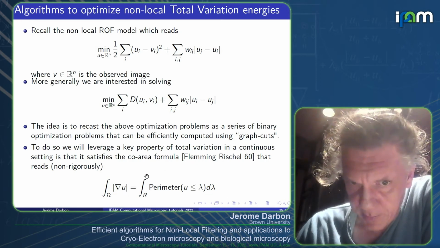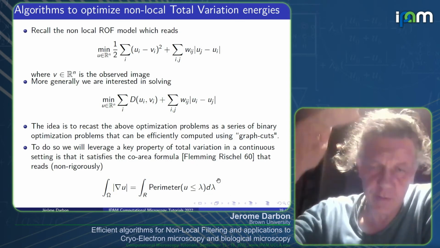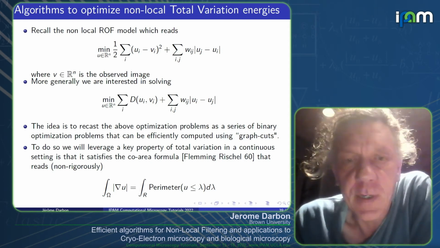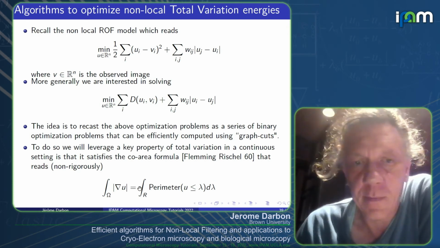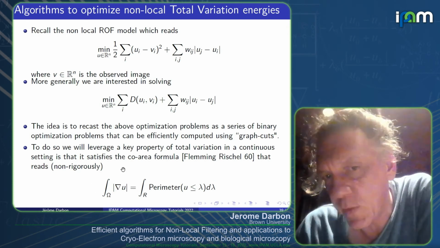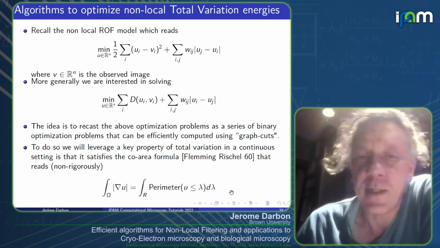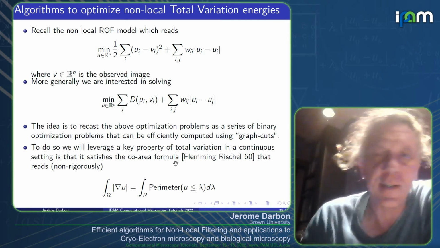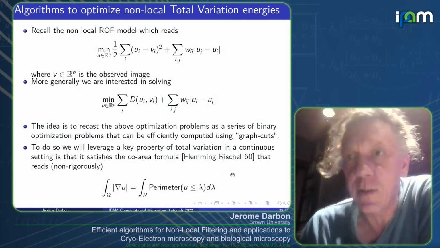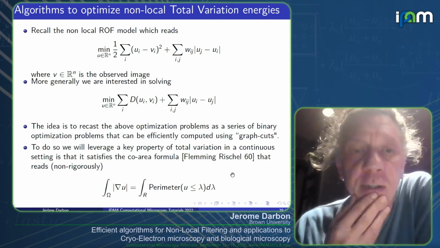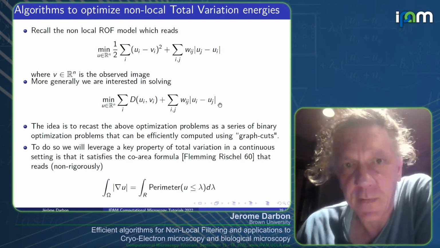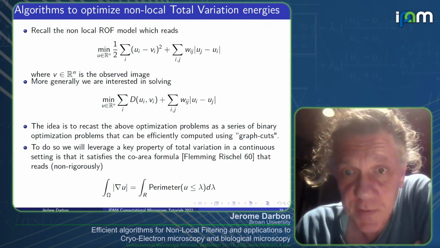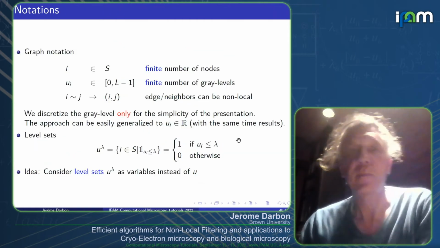And you integrate over all those parameters as the threshold moves. What they proved is that the total variation on the left is exactly the same quantity as on the right. That formula is called the coarea formula in functional analysis. And this is what we're going to leverage to make the connection between optimization of non-local total variation and binary optimization.